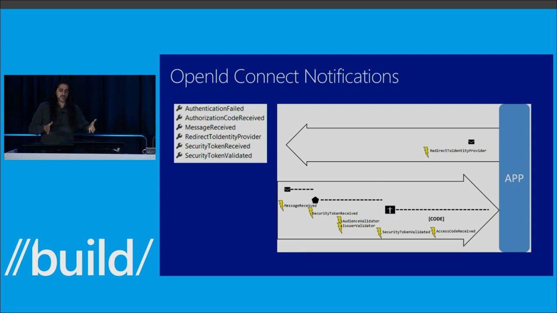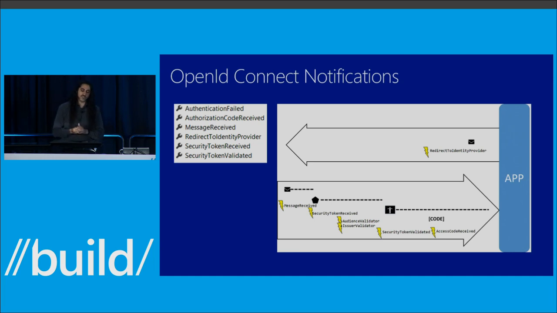So there is a notification that triggers when you receive a message. Some customers are using these notifications for adding things that we don't support yet. Like there are flavors of OpenID Connect that we don't support out of the box. Using that notification, you can intercept the message and examine it and add whatever logic you want.